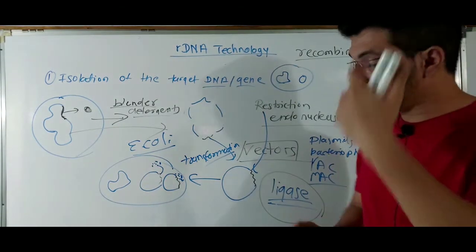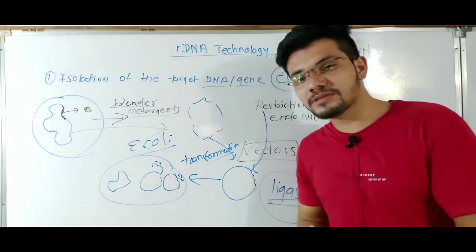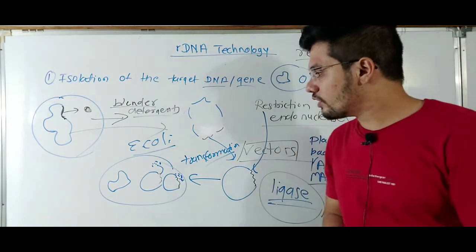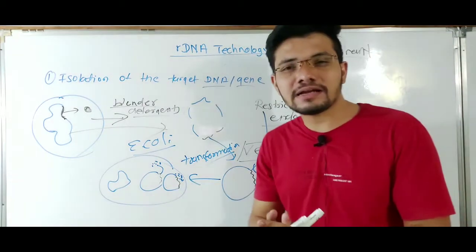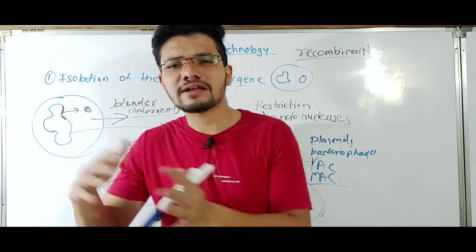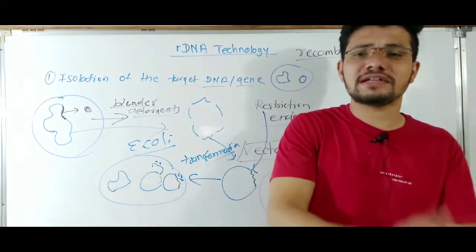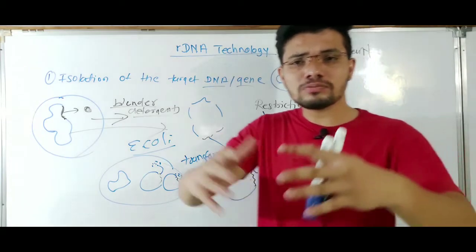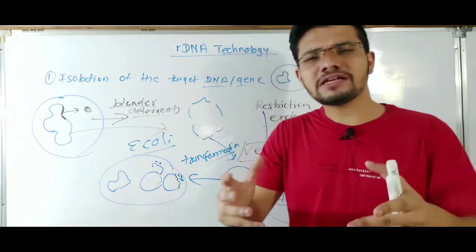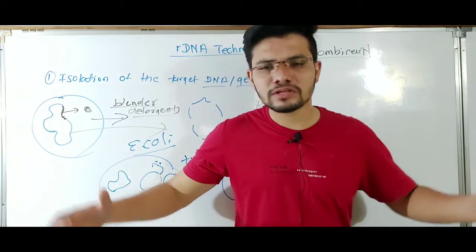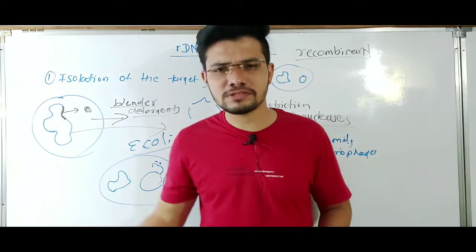One more step is involved here, which I forgot to mention: how can we recognize that some cells are transformed and some cells are not transformed? Here I have taken the example of only one cell, but in the Petri plate or in the experiment we have lots and lots of cells.